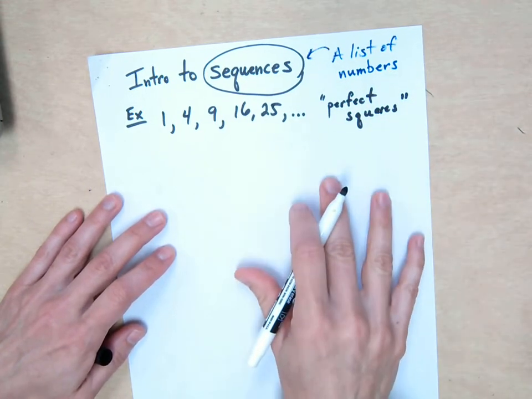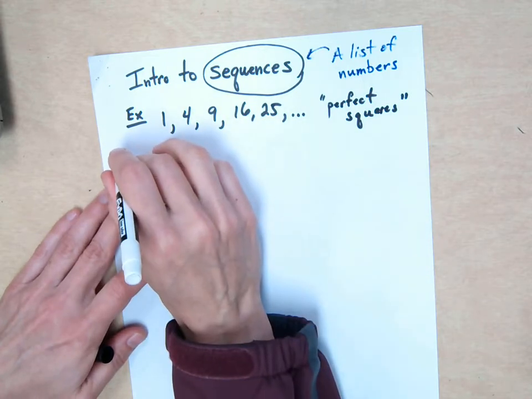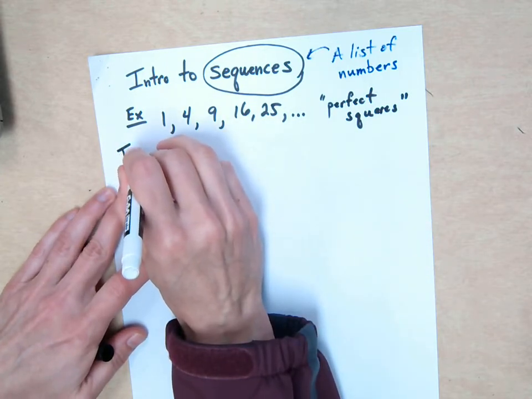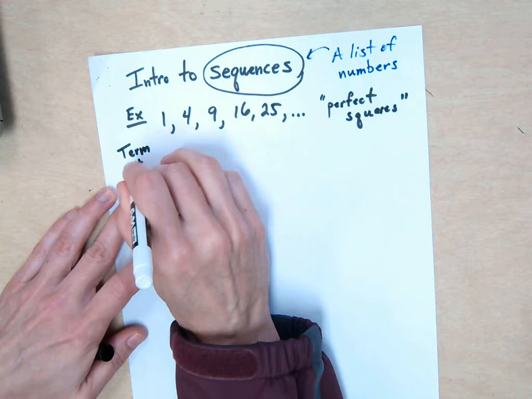And you could even write a rule for this, if you relate the numbers in the sequence to the term number.